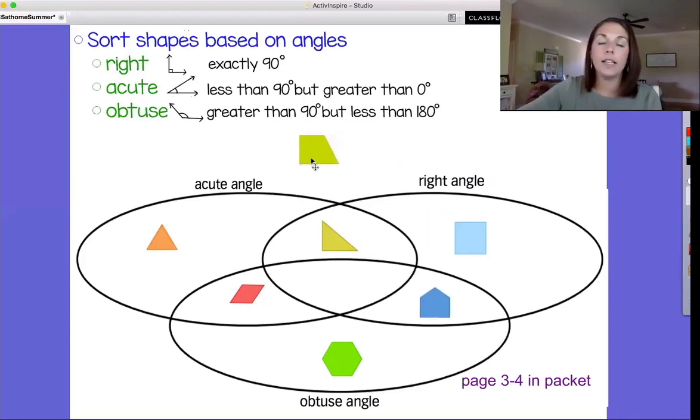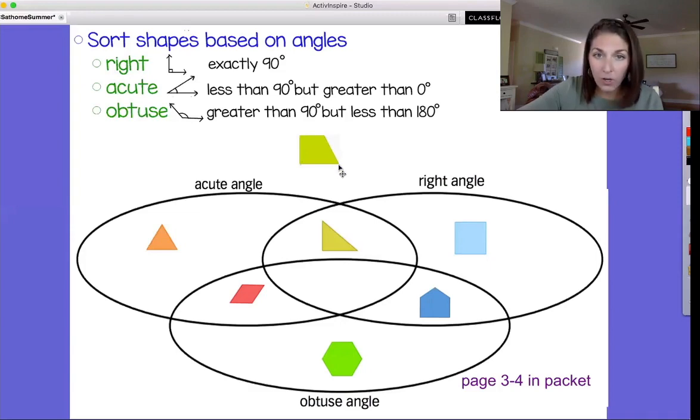Okay, lastly, let's look at this shape. Well, I see this side of it. If I were to cut this off, it would be like a rectangle, but I have this extra piece. So I see a right angle here and a right angle here, so 2 right angles. And then I see here an angle that is greater than 90 degrees, or an obtuse angle.